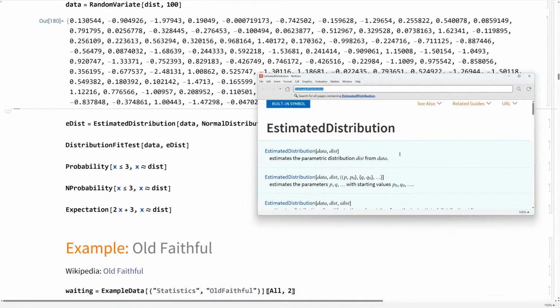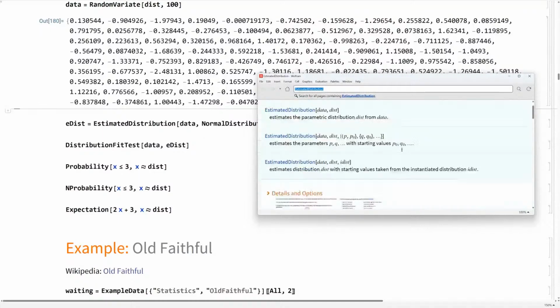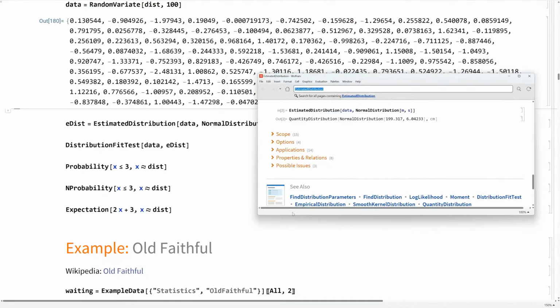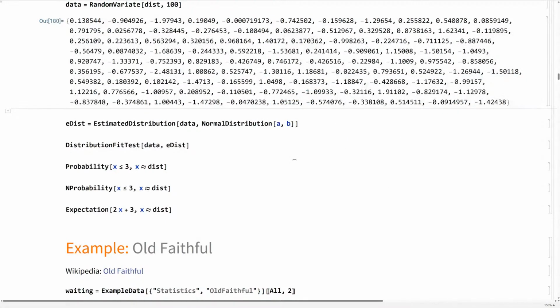I couldn't recommend the documentation center we have more. It has a lot of examples and some more detailed explanations. So if you have any questions about using the Wolfram Language, please consult the documentation center.